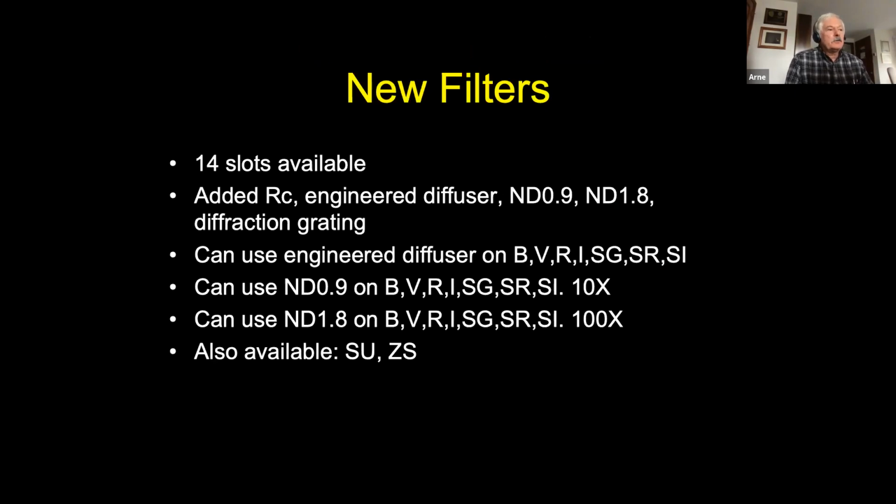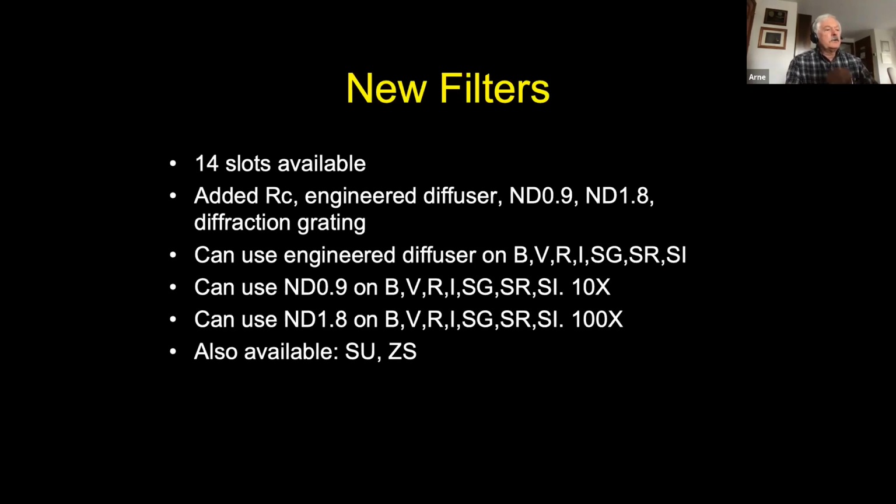And so what we've added to the system beyond the normal 7 BVI Sloan GRI is another Cousins R filter, one of Jerry Hubbell's engineered diffusers is in the system now, along with 2 neutral density filters and a diffraction grating.